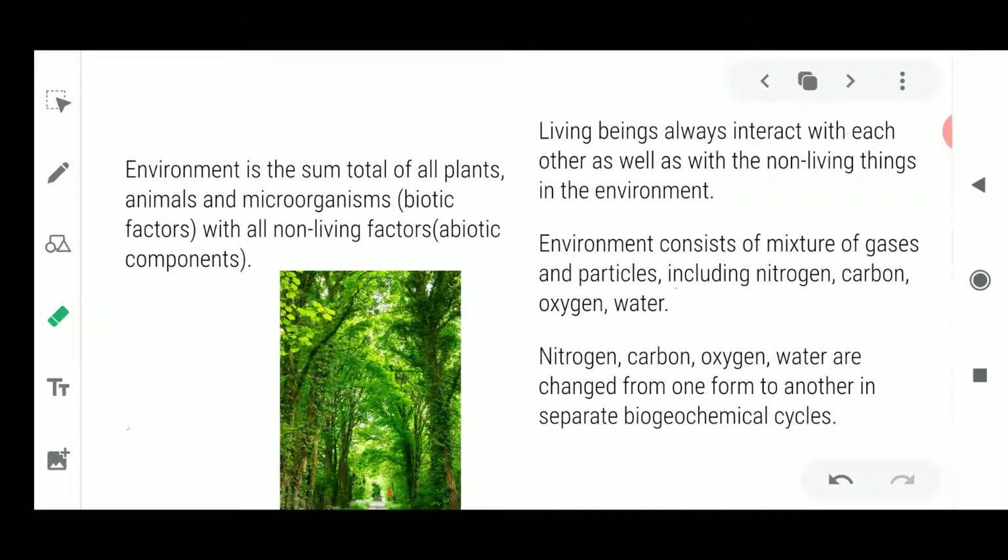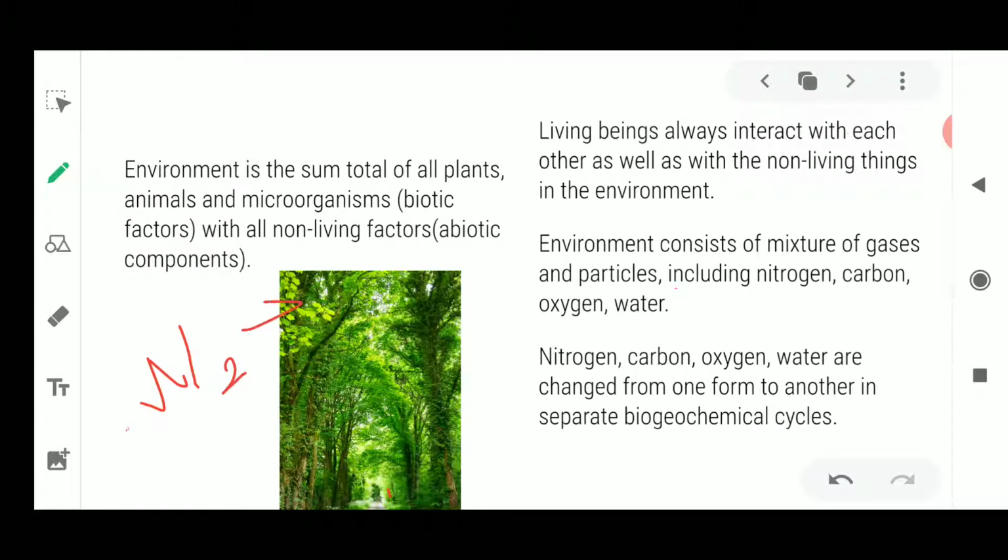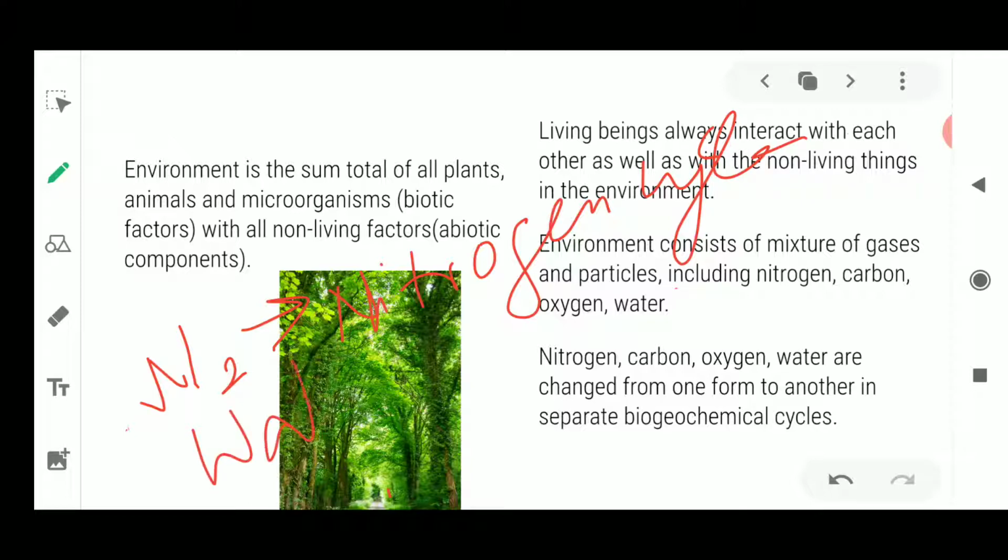For example, if we are talking about nitrogen, this nitrogen is going to be converted into various forms with the help of the nitrogen cycle. If we talk about water, this water is going to circulate in the environment with the help of the water cycle.